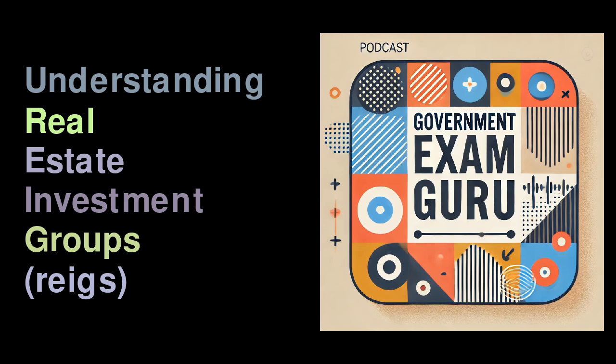The rise of real estate crowdfunding platforms has democratized access to real estate investments. These platforms often function similarly to REIGs, allowing both accredited and non-accredited investors to pool resources, facilitating investments in larger projects. A notable example is Fundrise, which allows individuals to invest in various real estate strategies without high capital requirements.